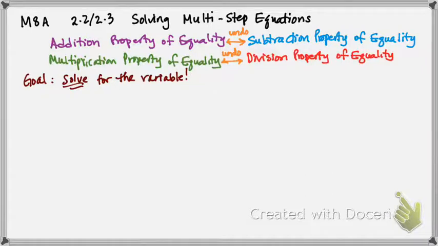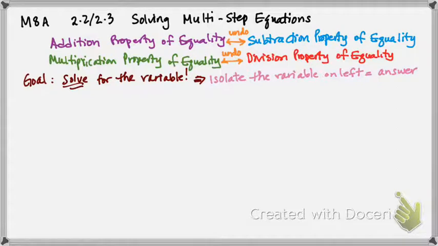So let's talk about a process and then we'll do some practice. And the process is the same, except if you have more than one thing going on in a problem, then it's going to take you a little bit longer. So our goal is to solve for the variable. In other words, let's say that we want to isolate the variable on the left and equals the answer.